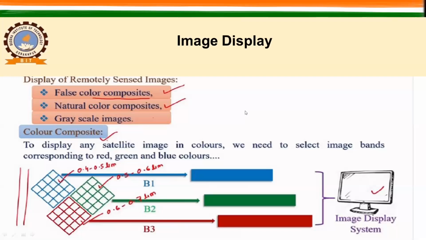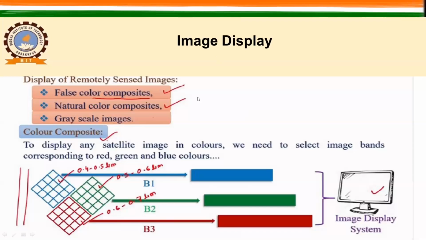Now you have three images captured from the satellite sensor, which we display on our regular monitor, but in color composition, right? Here what we do is assign the blue band to the blue color of the monitor, or the blue band of the image to green or to red.